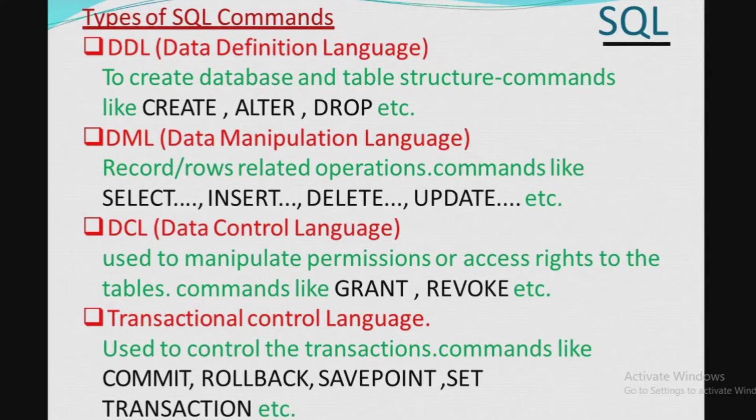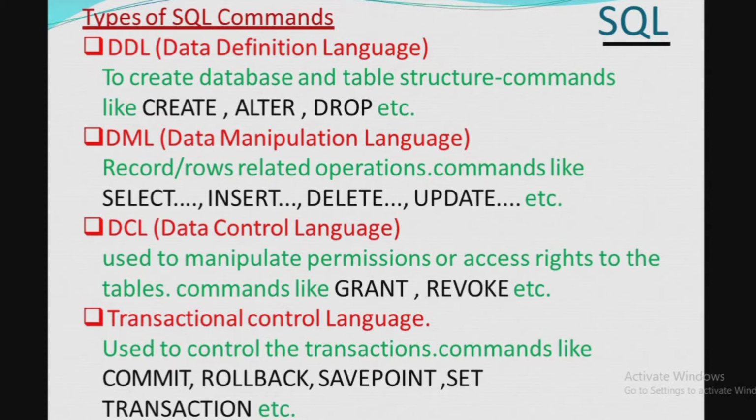DDL stands for Data Definition Language. It is used to create, alter, drop database and table structures. DML stands for Data Manipulation Language. Commands like select, insert, delete, update are the examples of data manipulation language.